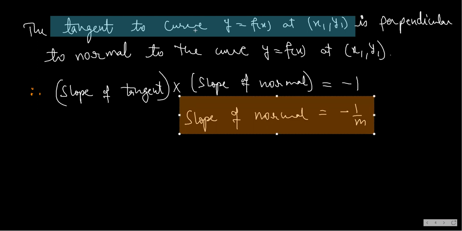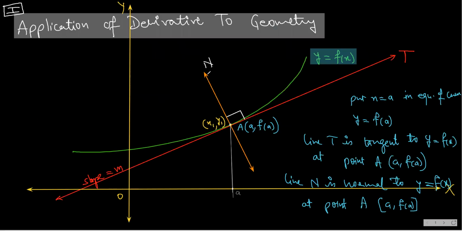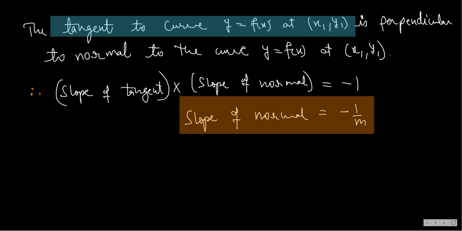Now you have the slope of normal. It means you have the slope of this line. Can we get the equation of this line? Oh yes. Why? Because now we have the slope of line n and we have one point on n. Remember, this point is also lying on the normal. So we will write the equation in slope point form.